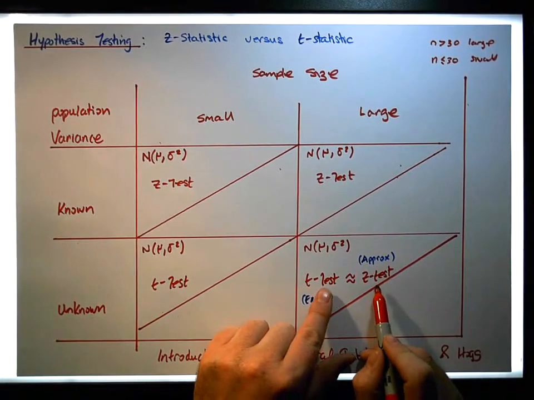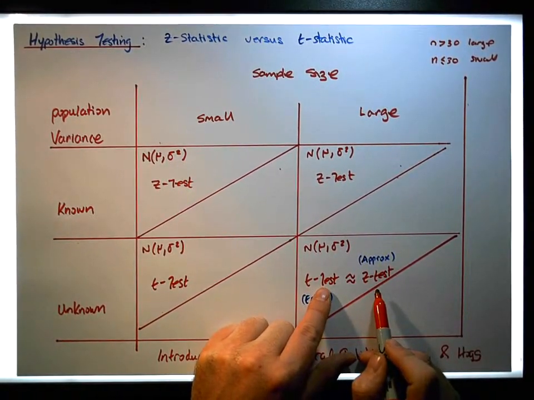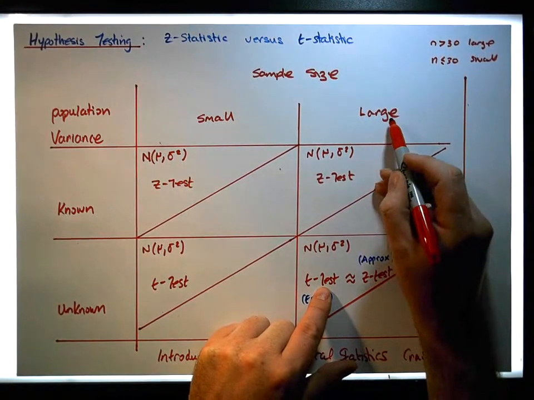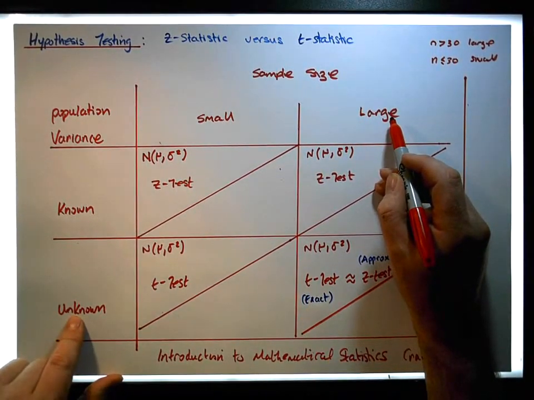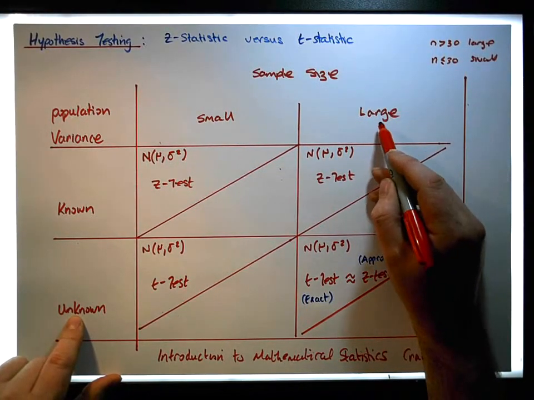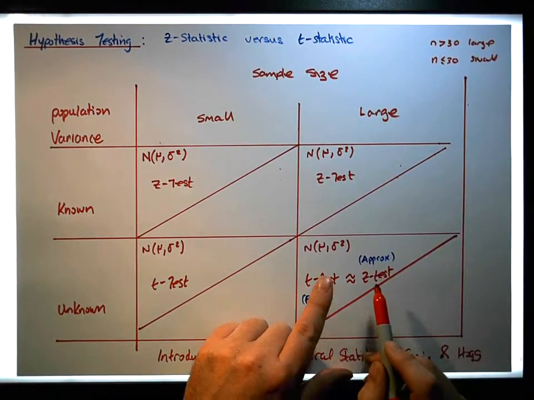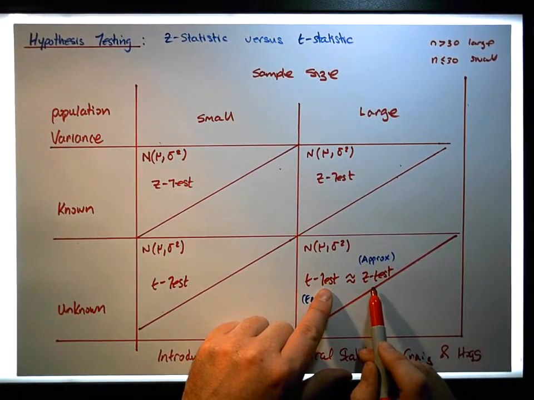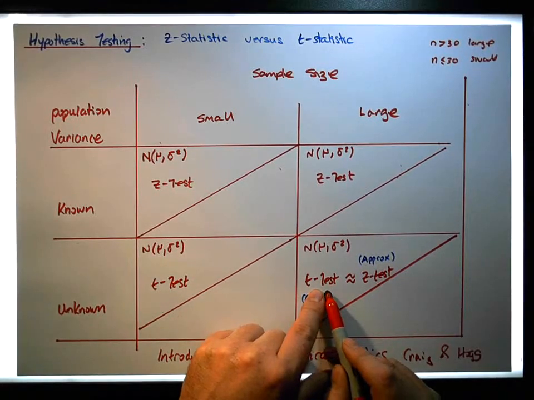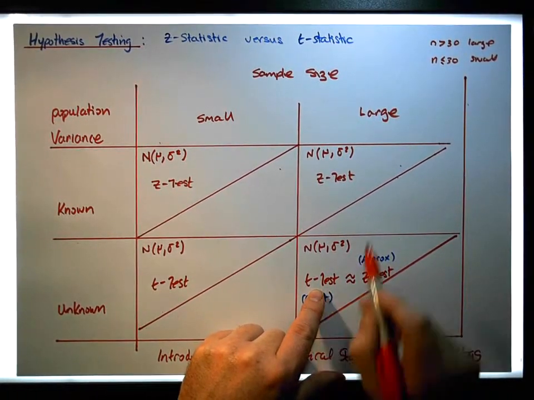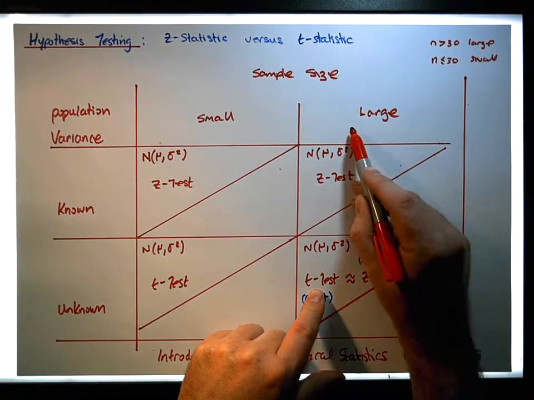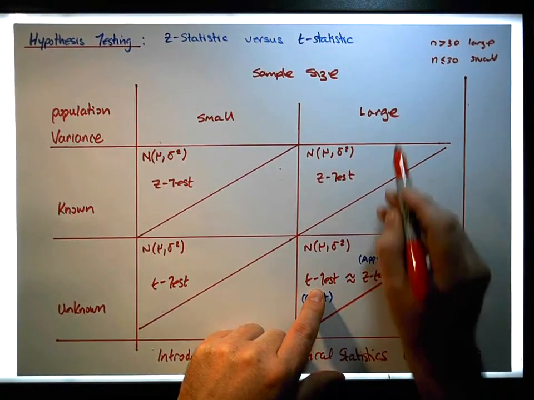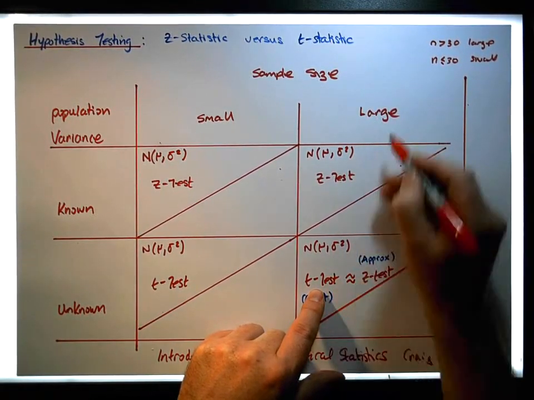And this is where some of the arguments always occur. They always say, "Oh, but look, my sample size is large," even though I have an unknown population variance. The arguments are always in here, fighting about which one is the most appropriate to use. The t-test is the most appropriate because, irrespective of the sample size, even if it's large, there will be an exact distribution to go along with the degrees of freedom.